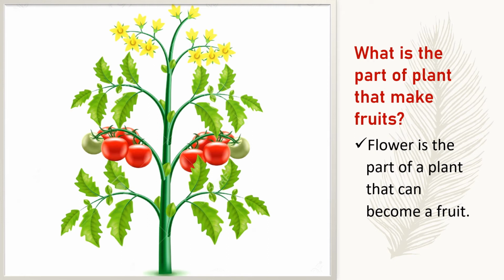Flower, this word is in your new vocab. As you see here, this yellow flower up, when it grows more, it will be a tomato fruit. As you see down, flowers are the part of a plant that makes fruits. Don't forget that.